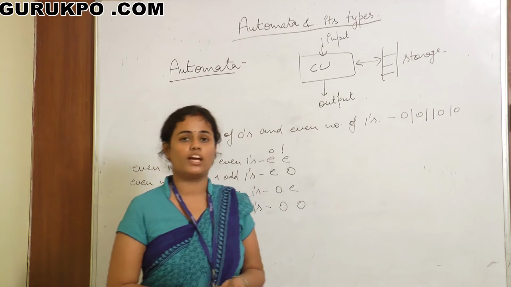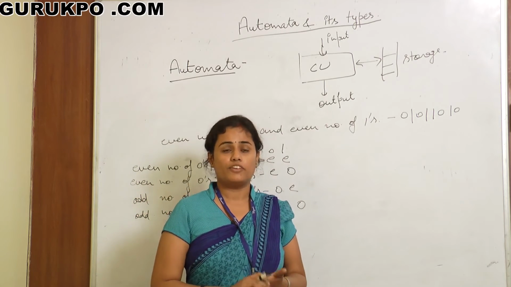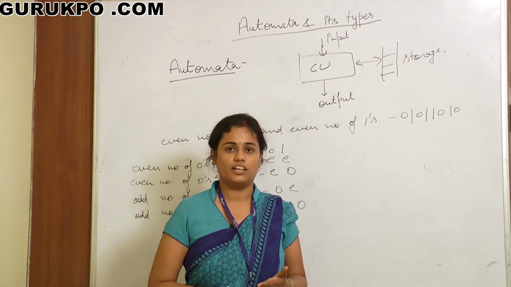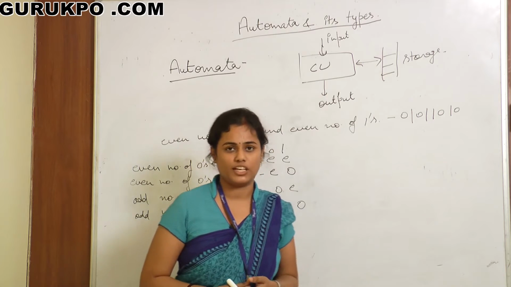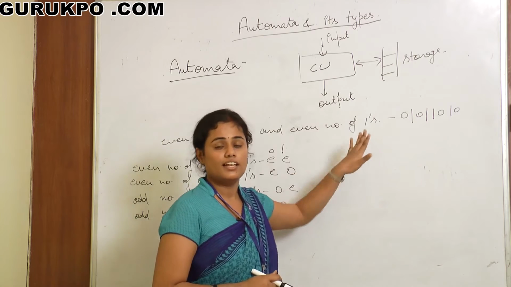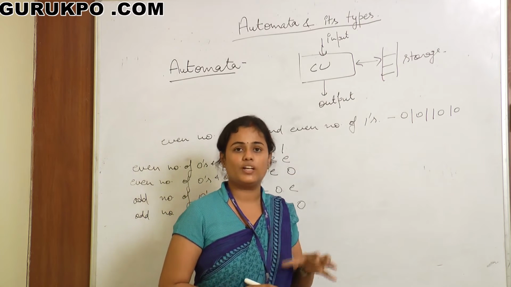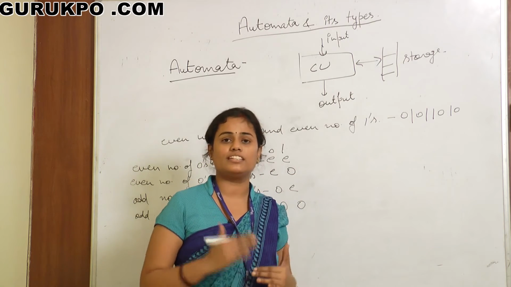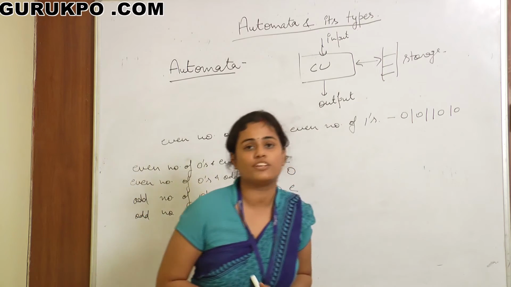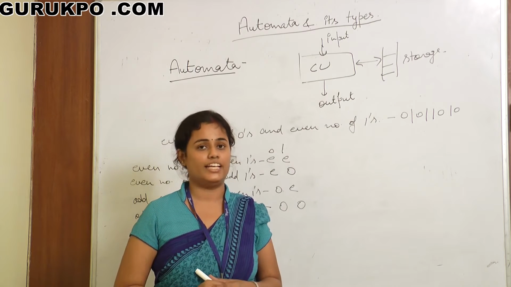As I am talking about a machine, we are not designing any machine, we are only creating logic for a machine. Suppose we have to design a machine which takes an even number of zeros and an even number of ones. This machine reaches the final state only when an even number of zeros and an even number of ones are available in any string.